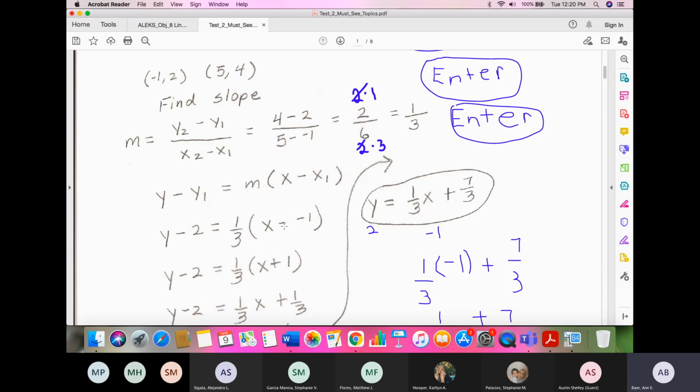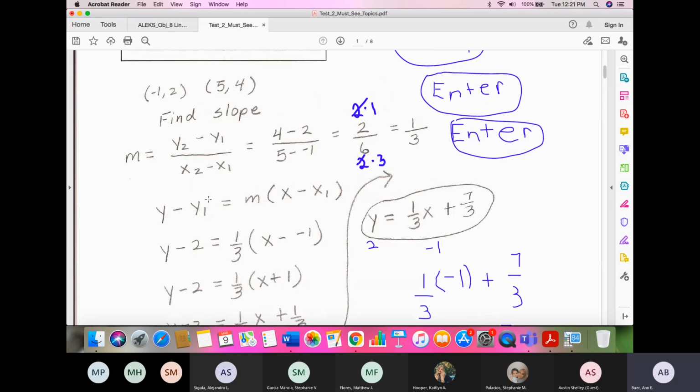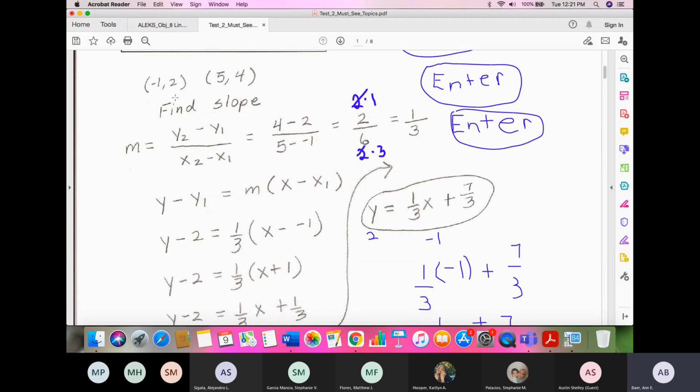So y and x stay. So y minus y sub 1. y sub 1 is actually from this first point here, which is 2. Equals the slope.